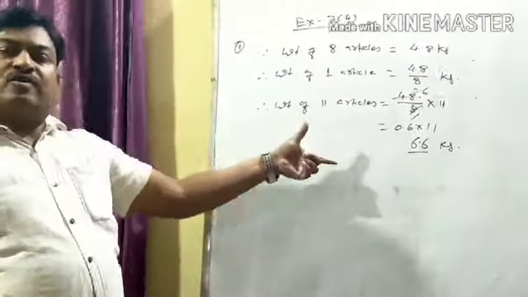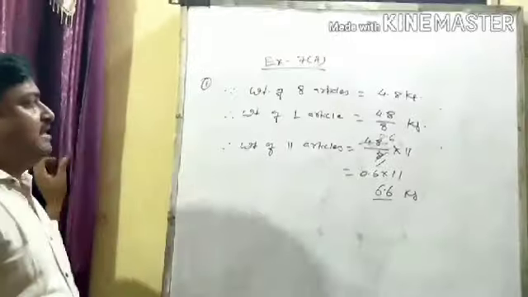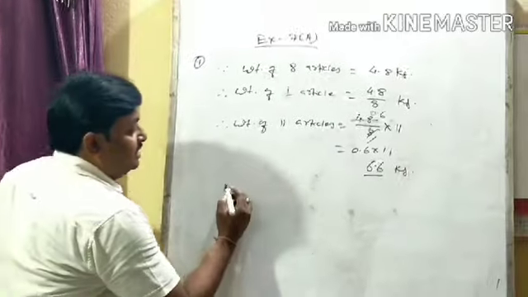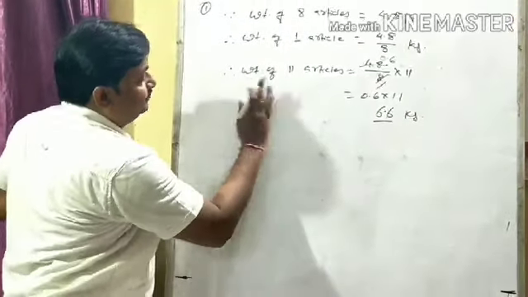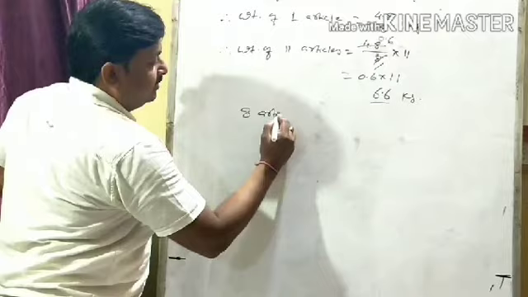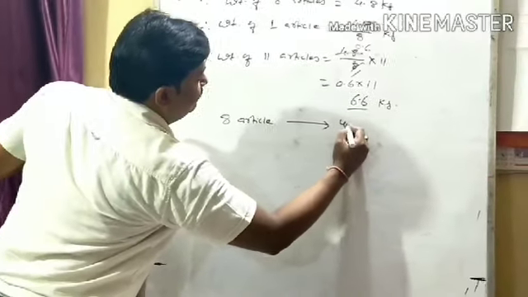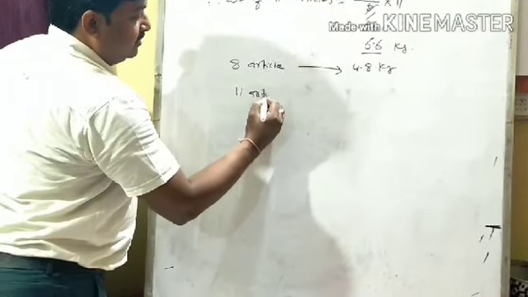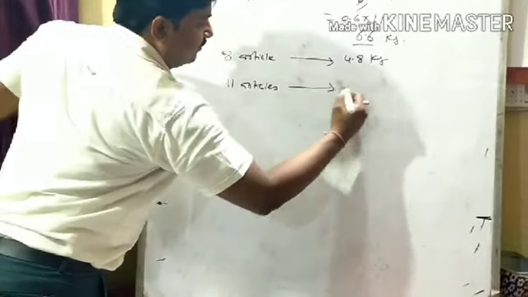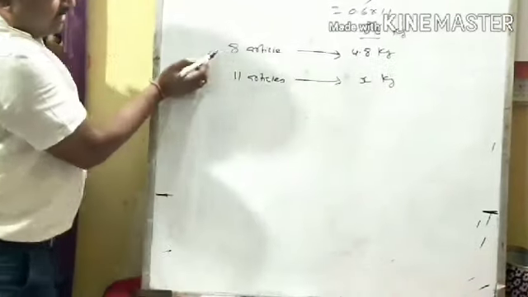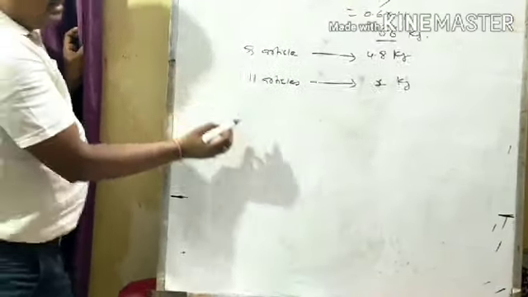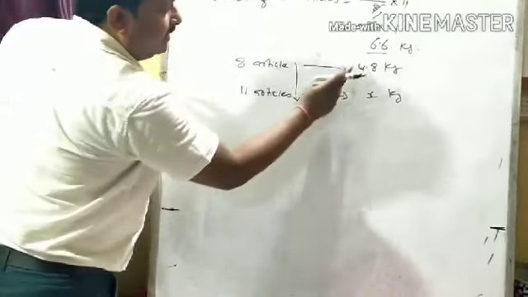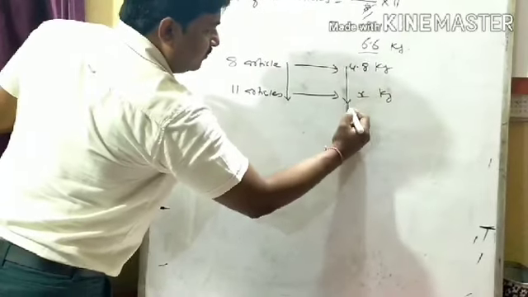Students, the same question we can solve using the arrow method. Since this is a question of direct variation, 8 articles weigh 4.8 kilogram, and 11 articles weigh X kilogram. The number of articles is increasing, so it is a down-headed arrow, on this side also.